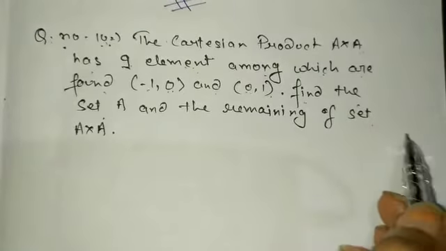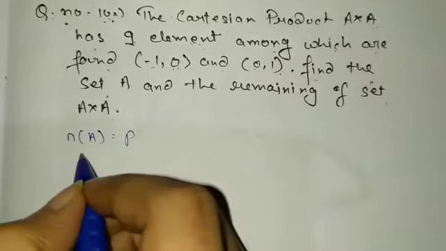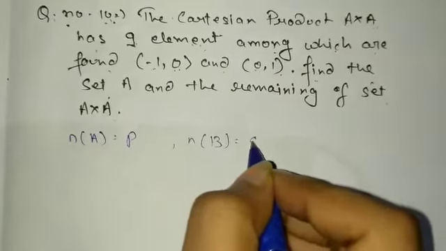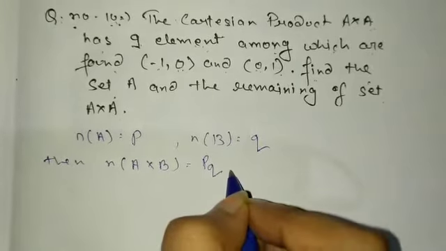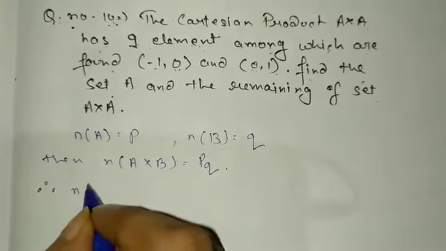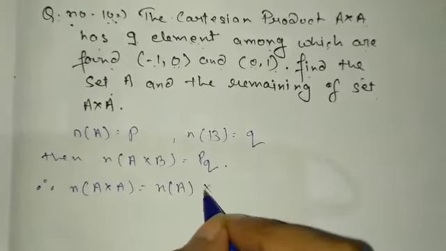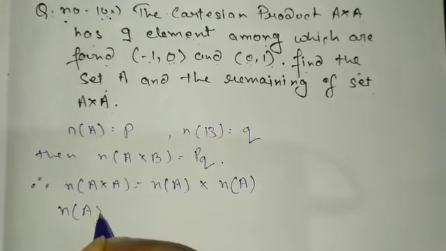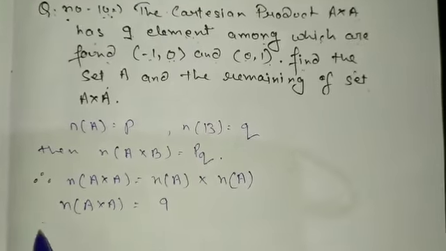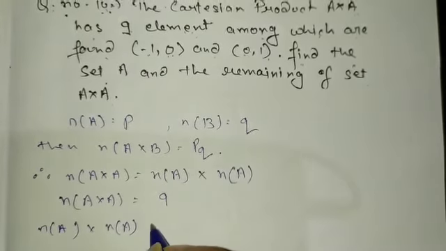Find the set A and the remaining elements of set A into A. We know that if the number of elements in set A is equal to P and the number of elements in set B is equal to Q, then the number of elements in set A into B is equal to P into Q. Therefore, in this case, the number of elements in set A into A is equal to the number of elements in set A multiplied by the number of elements in another set A. And it is given that the number of elements in set A into A is equal to 9.